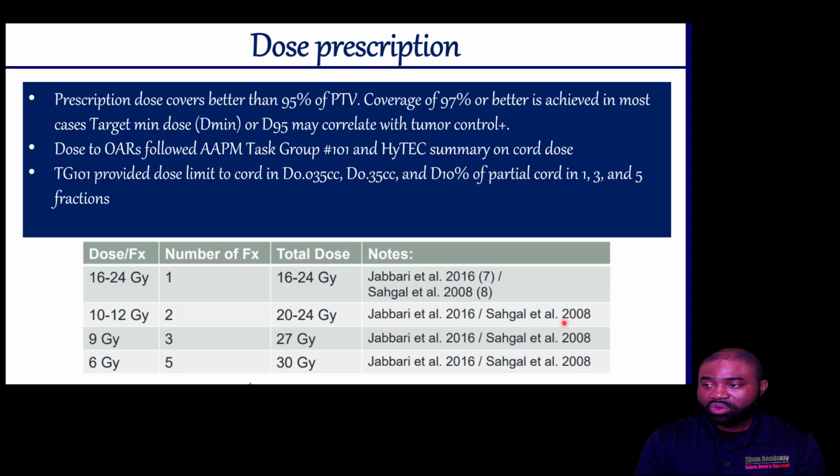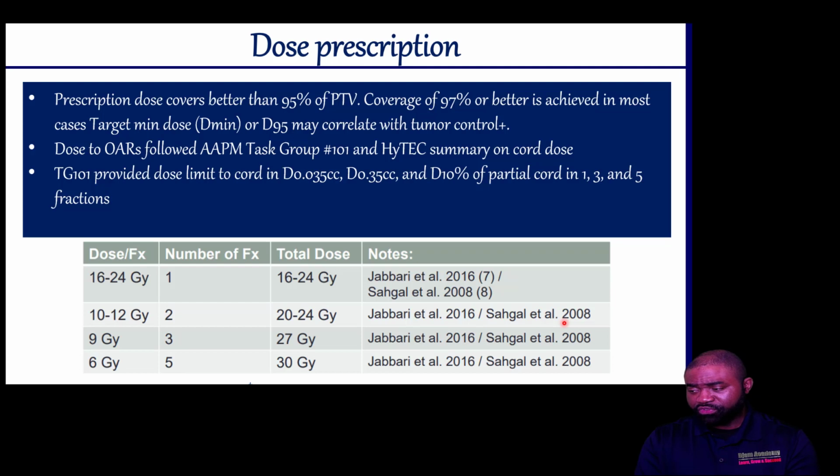The OARs that we use have been outlined in TG 101 as well as in HyTEC reports. The common prescriptions that we see are 16 to 24 gray in one fraction, 10 to 12 gray in two fractions, 9 gray in three, and 6 gray times five.